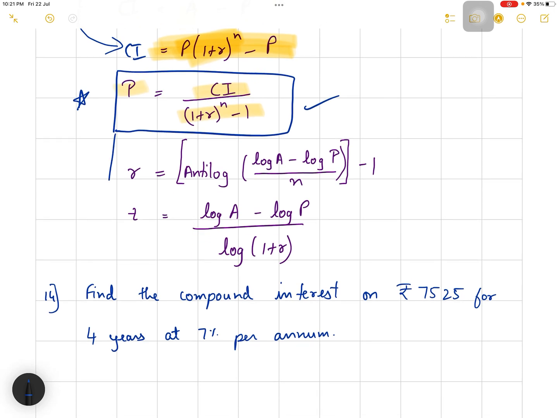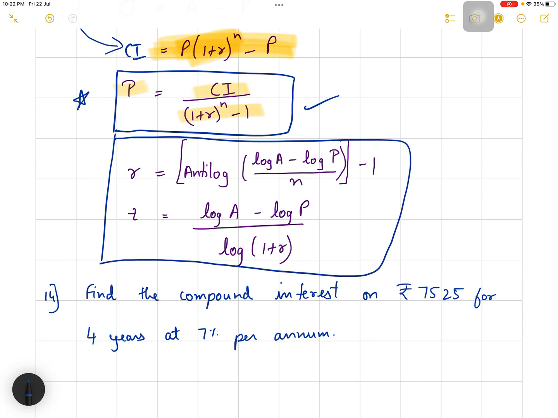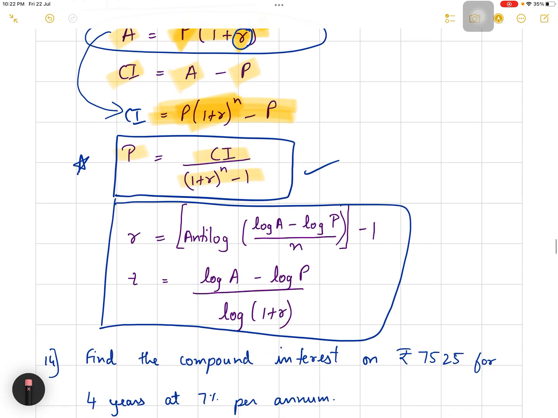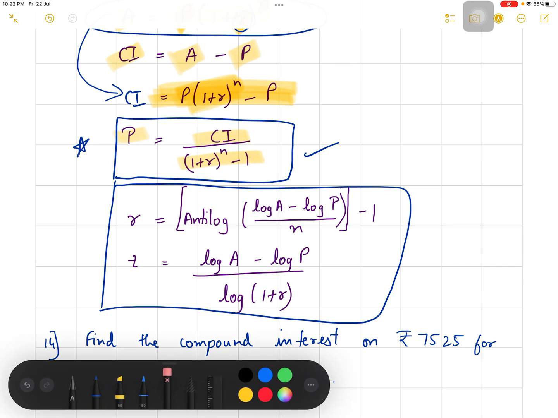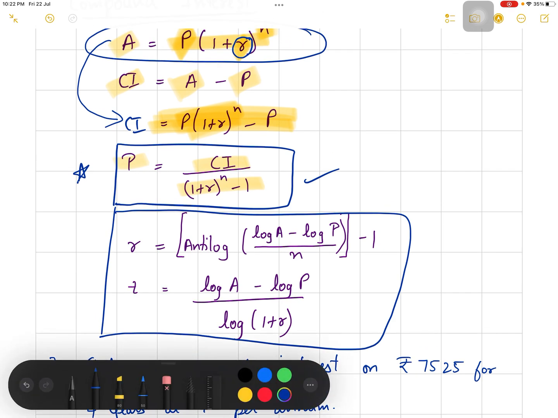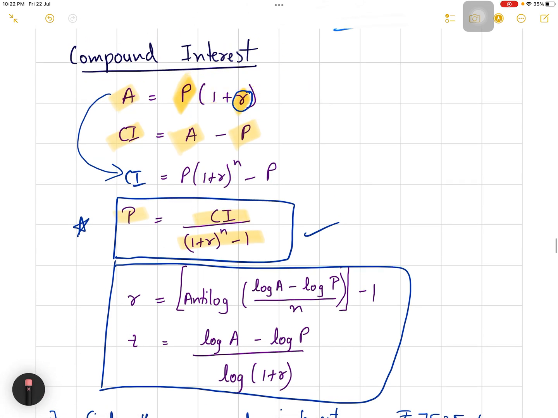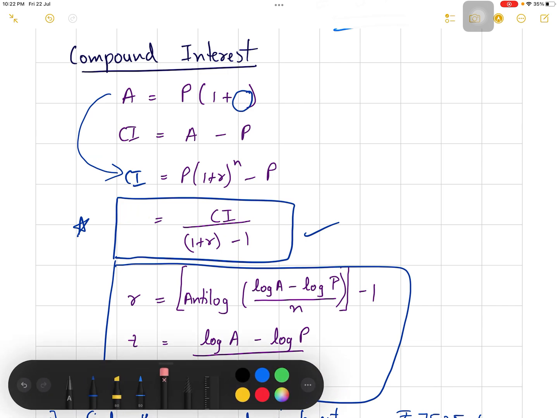Other two formulas, which are to find R and T. T means N. T and N is same. When I was in school we used to use N instead of T, so I have a habit of writing N instead of T. T means term, so I'll just change here.